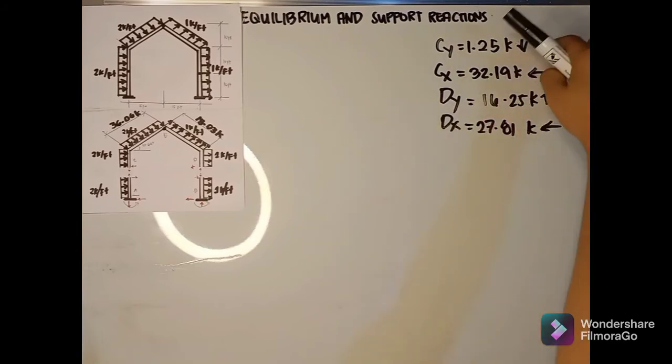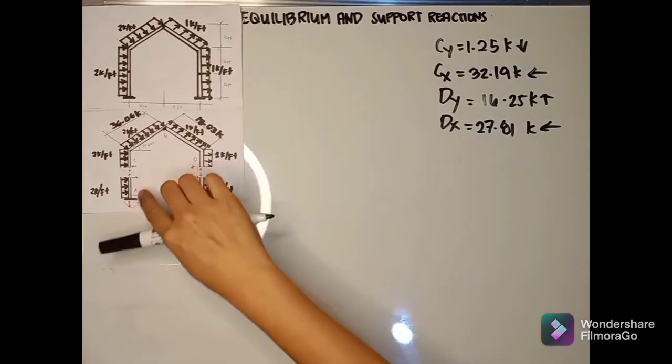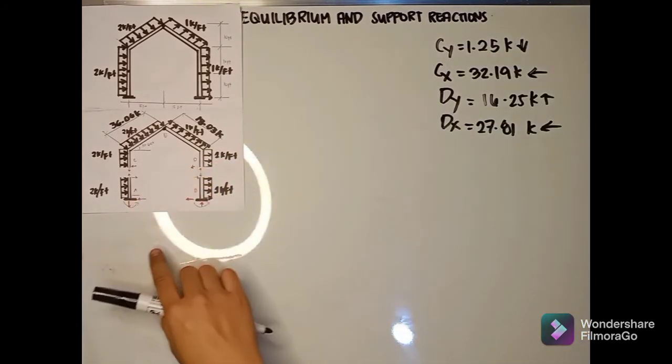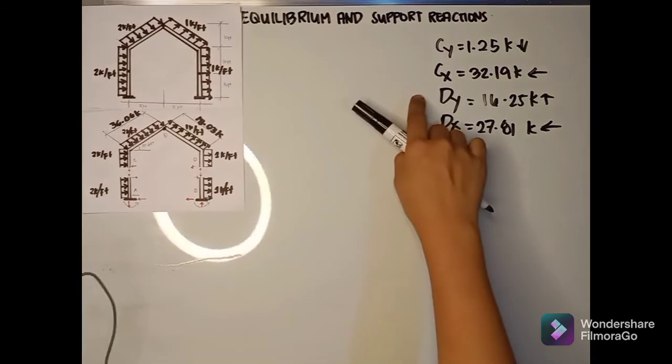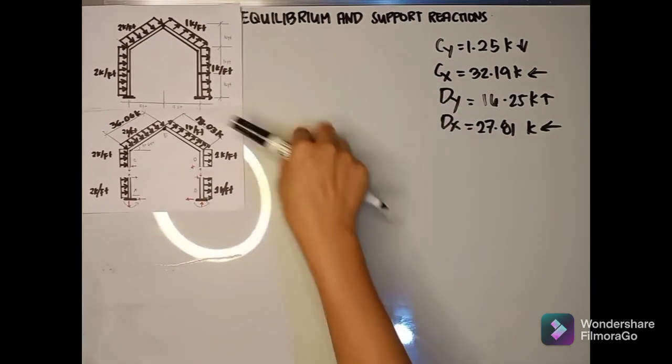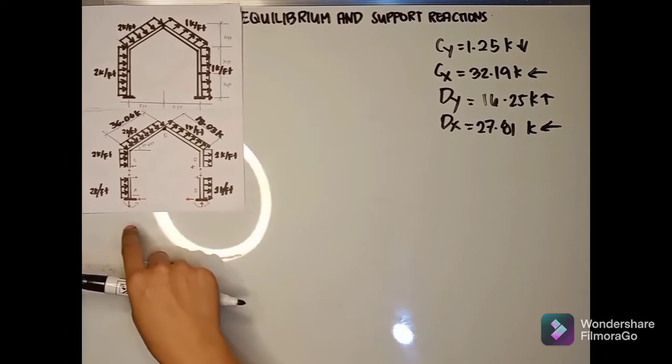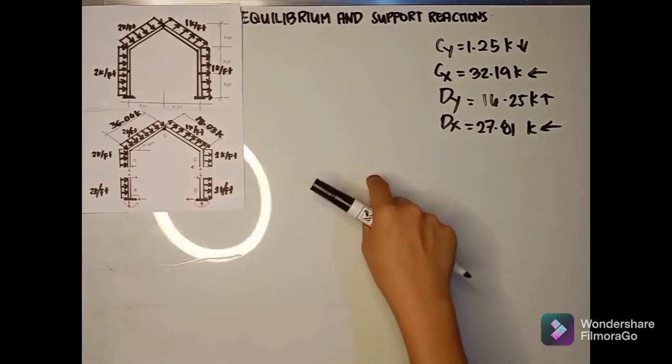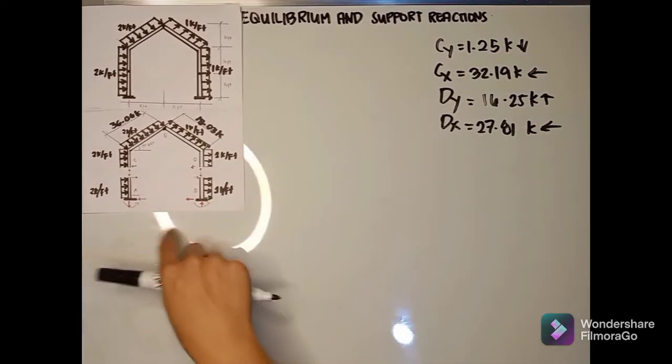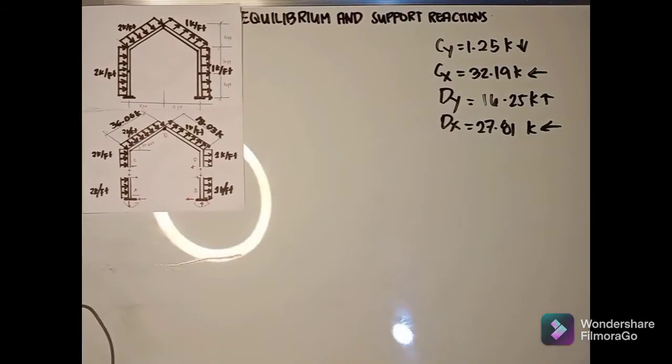So, yung pababang CY dito, magiging pataas siya dito sa segment A and B. Tsaka CX, kasi to the left siya dito, meaning dito na sa segment AB is magiging positive siya, and so on. Okay?